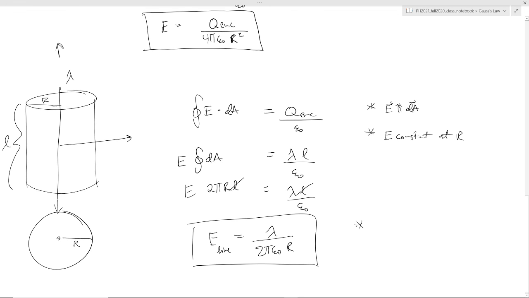So this is much simpler than this approach.